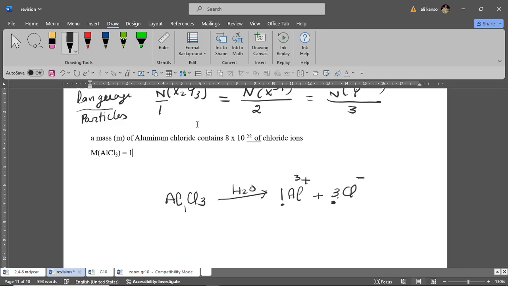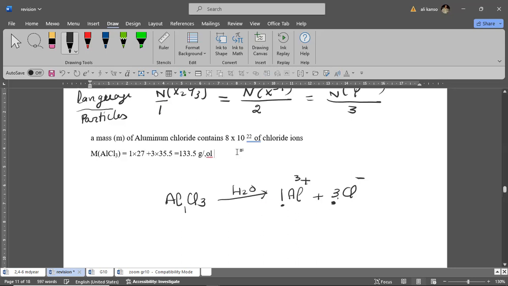Molar mass of aluminium is 27, it should be given, and the chlorine is 35.5. We calculate them by a calculator. 27 plus 3 times 35.5, we get 133.5 gram per mole.